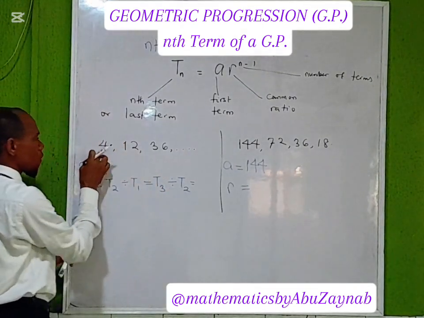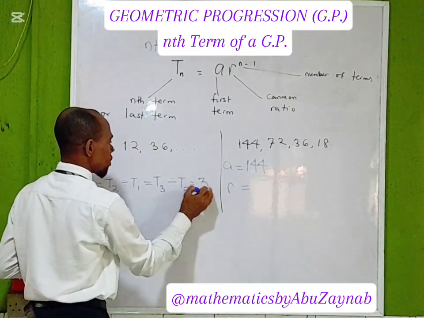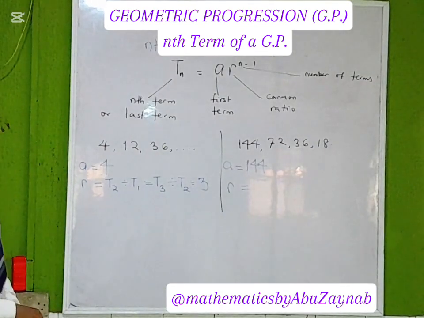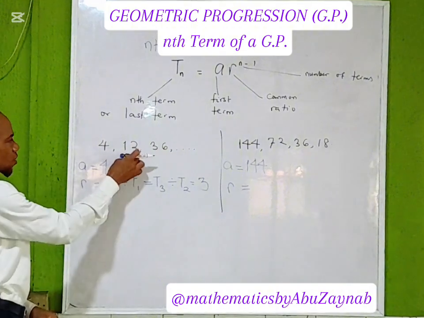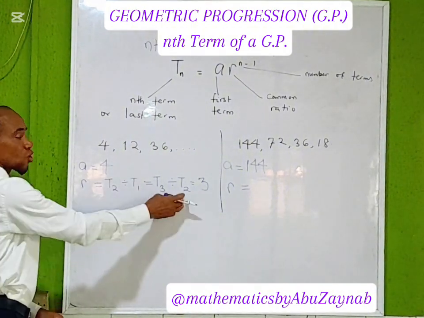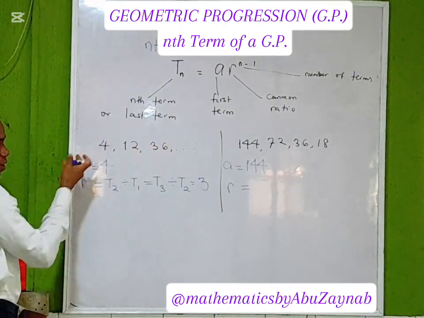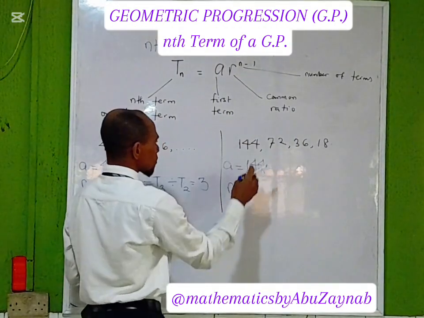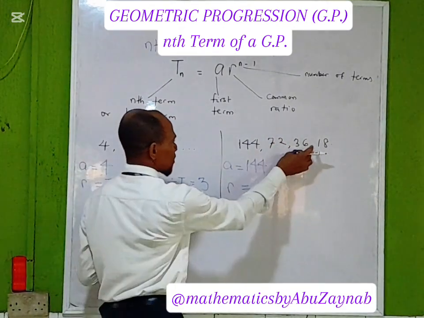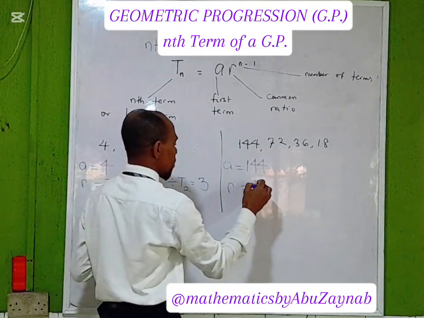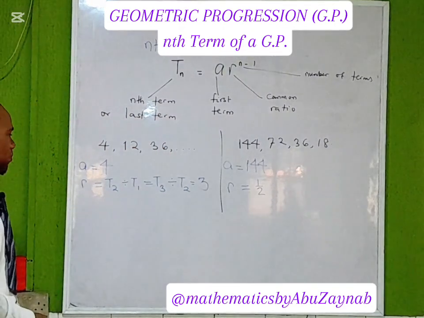In this case, 12 over 4 is 3, 36 over 12 is also 3, and the common ratio is 3. Please take note again, the common ratio is taken backward, just like in your AP. That is, second term divided by first term, third term divided by second term, and so on and so forth. So not forward but backwards. Similarly here, the common ratio is going to become 72 over 144, then 36 over 72, and then we have half in that case. So that has to be the common ratio.